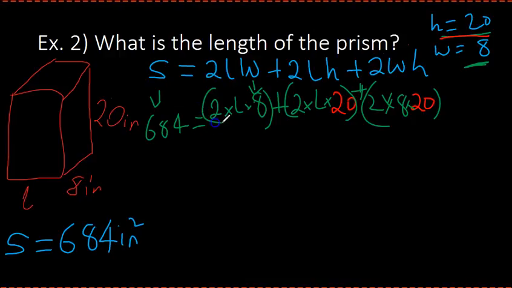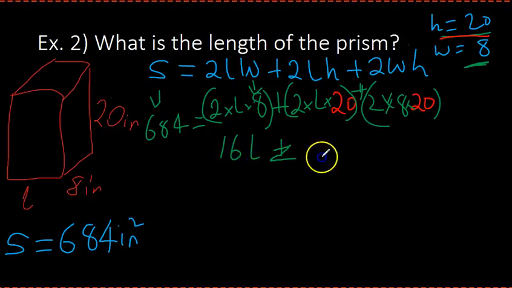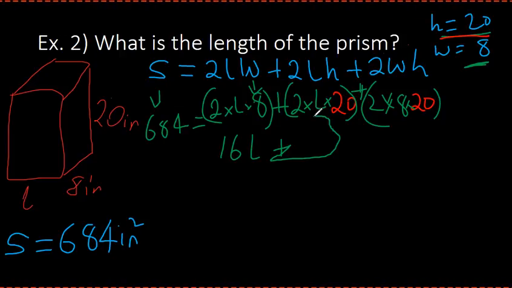All right, so now let's simplify what we can simplify. We can use commutative properties to switch this around and do 2 times 8, and that gives us 16L plus 2 times 20. 2 times 20 is 40.